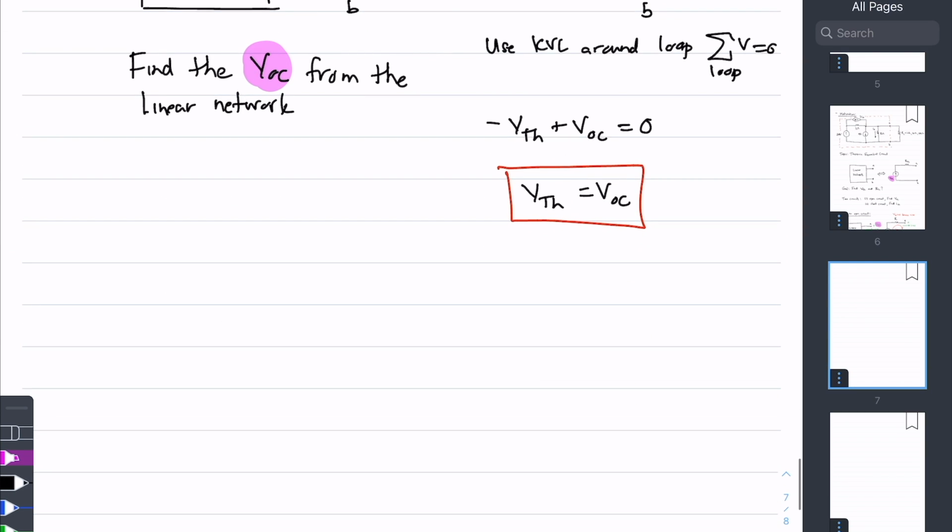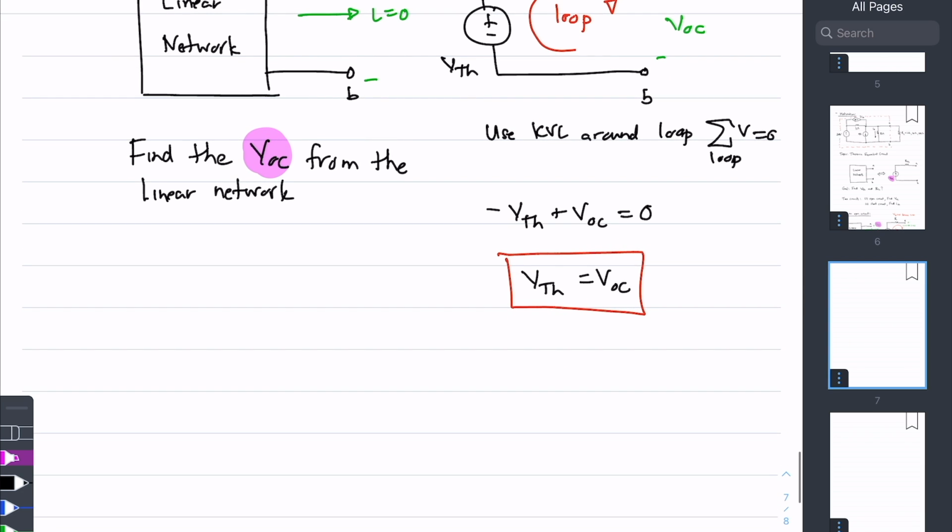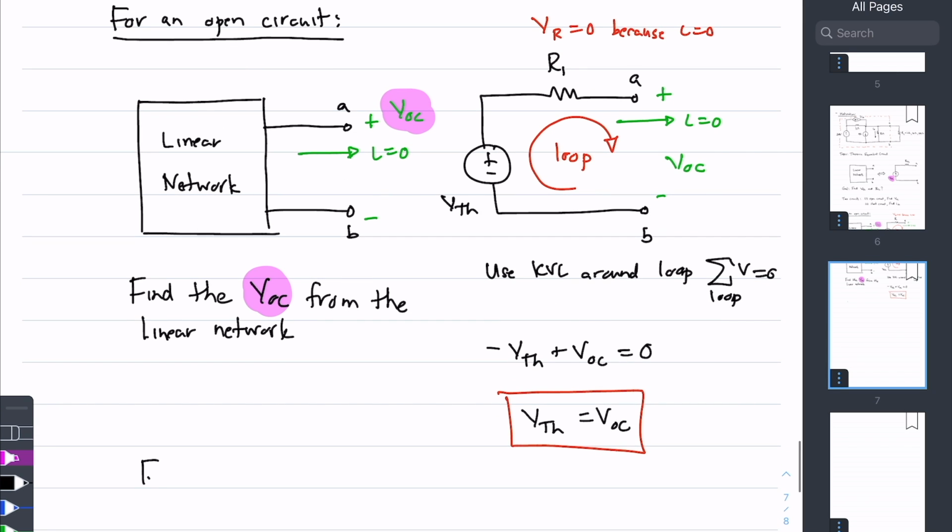We then are going to look at the short circuit.